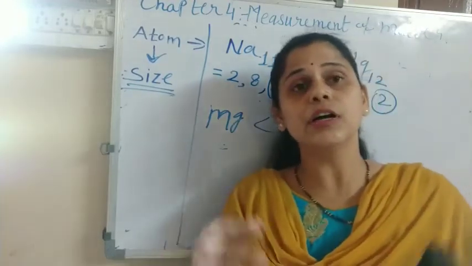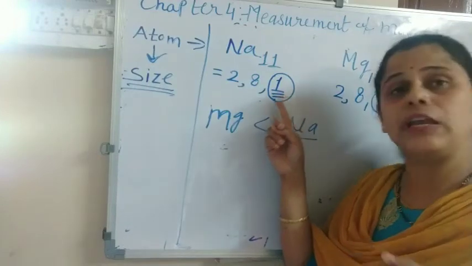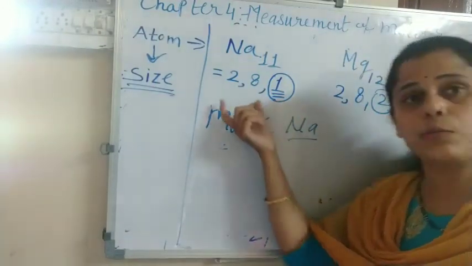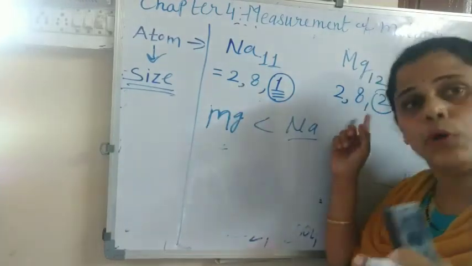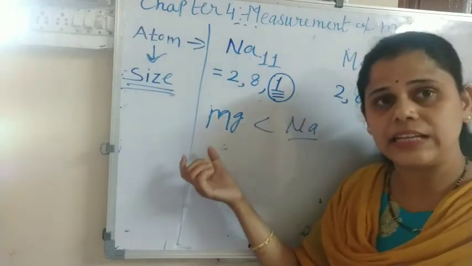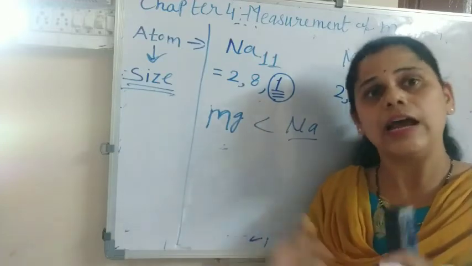That means if the number of orbits is the same, then check the number of electrons in the outermost shell. If the number of electrons is greater, then the size of that atom is less than the other atom.